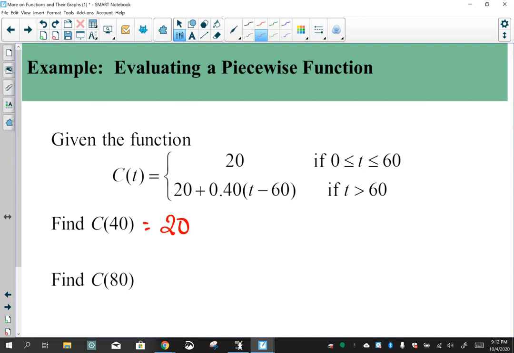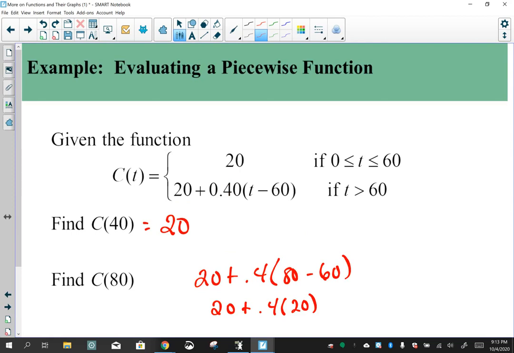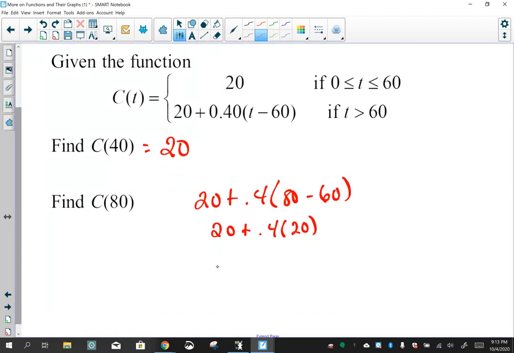When I'm looking at the 80, it is greater than 60, so it matches this boundary here. So then I'm going to take this 80 and plug it in. So 20 plus 0.4 times 80 minus 60. So 20 plus 0.4 times 20. 0.4 times 20 is 8.